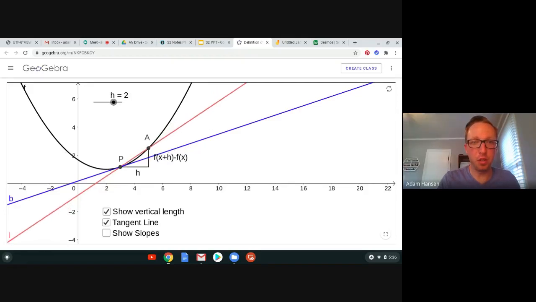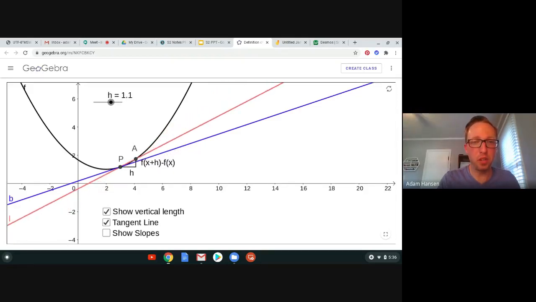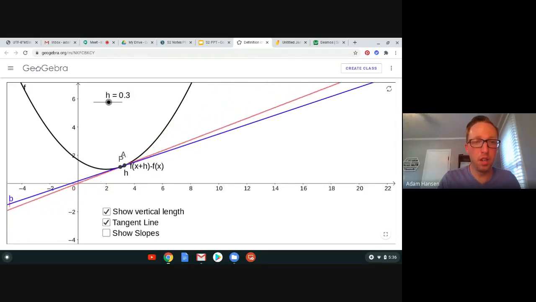If I let h decrease, the 2 distinct points are getting closer and closer together until eventually they overlap at 1 point. The slope of that secant line would now be the same as the slope of the tangent line at that 1 point. We've taken our average rate of change between 2 points and developed what's called the instantaneous rate of change at one particular point.